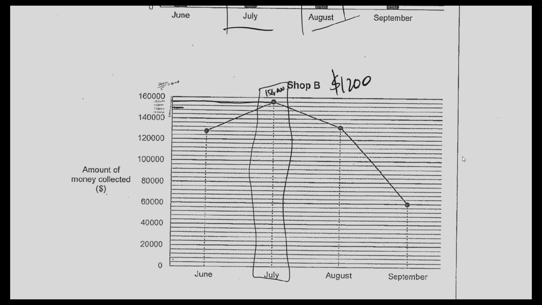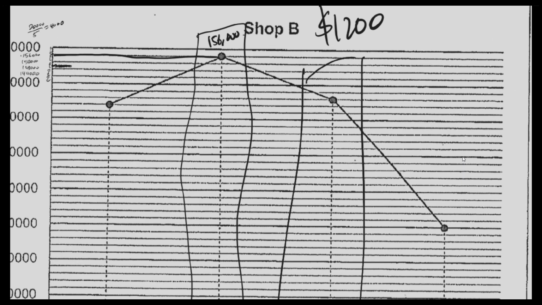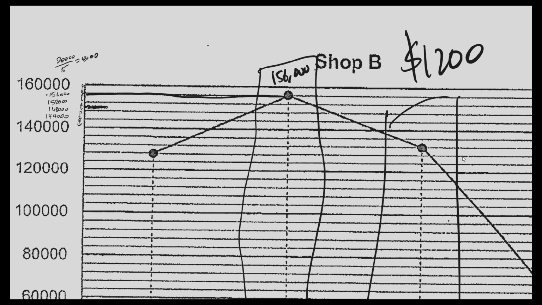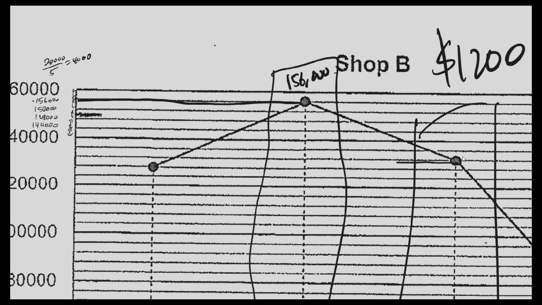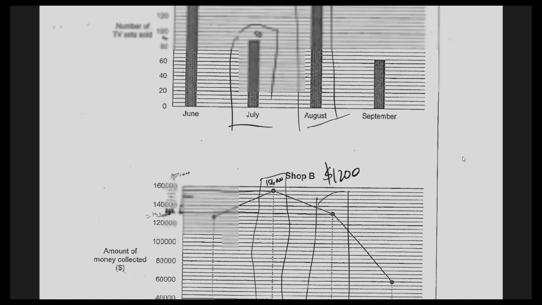Compare this to shop B. How much did shop B make? 140,000, and let's trace the line here. 2 divisions, that'll be 80,000. So 140,000 minus 80,000 is 132,000.